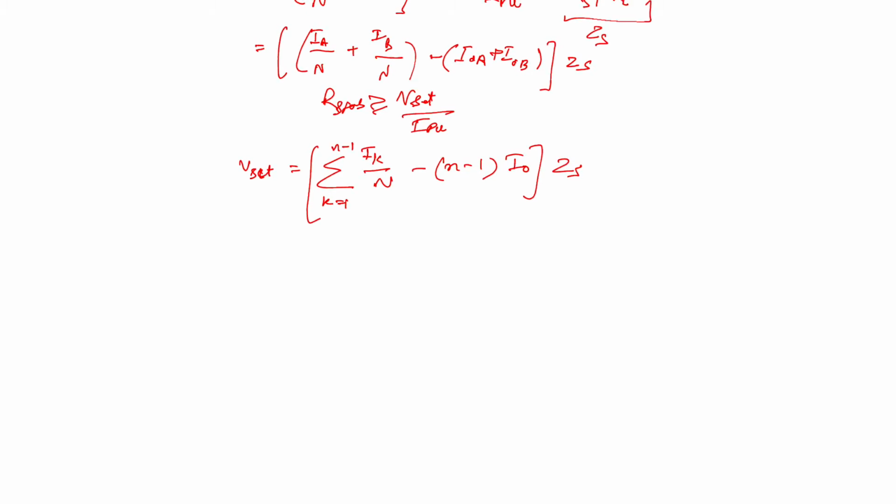So we have generalized the equation of V set, where the subscript K varies from 1 to N minus 1, N being the total number of feeders terminating on the bus.